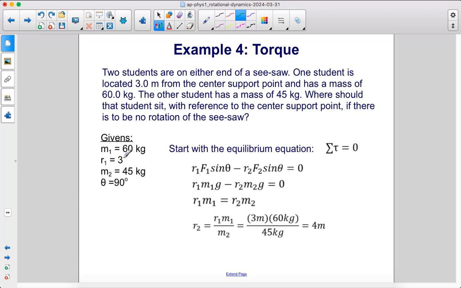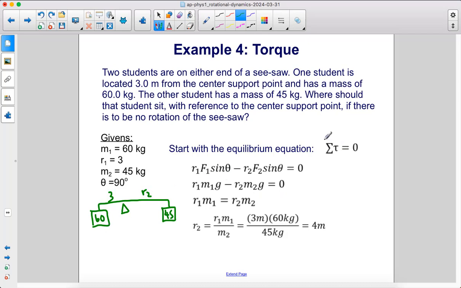All right, so we have our givens here. I'm just going to draw a little picture. It's always nice to draw a picture. And we have 45 here. We have our fulcrum here. Do you see I've instinctually placed the 45 kilogram block further from the fulcrum so that it will be in balance? But let's mathematically figure out what this distance should be.